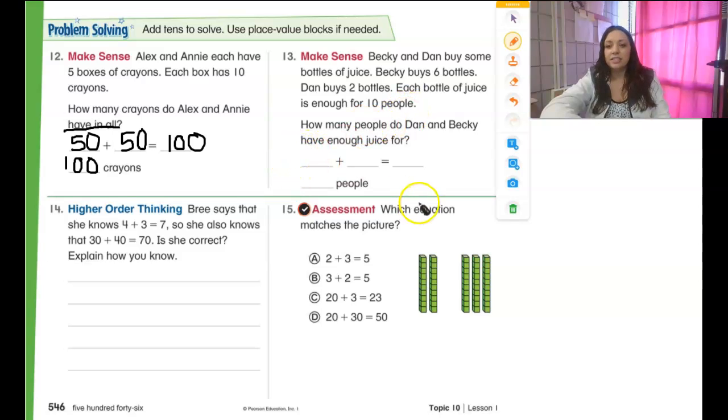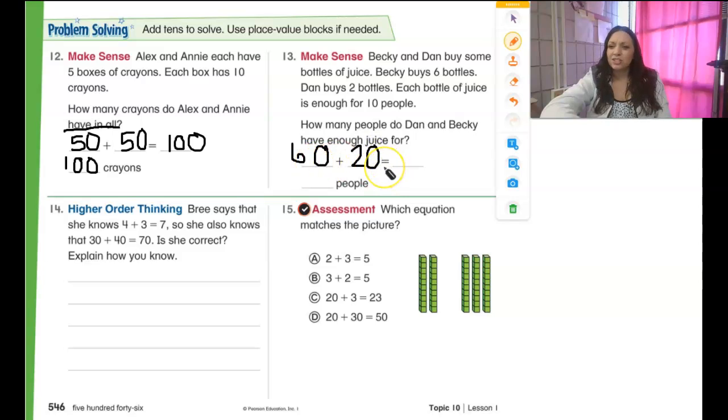If I have 6 tens, let's see, 10, 20, 30, 40, 50, 60. 6 in the tens column and 0 ones. So Becky has enough for 60 people. Dan only has 2 bottles, so 2 tens. So 10, 20. So 2 tens, 2 in the tens column and a 0.